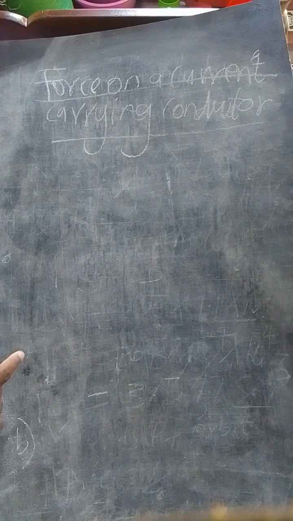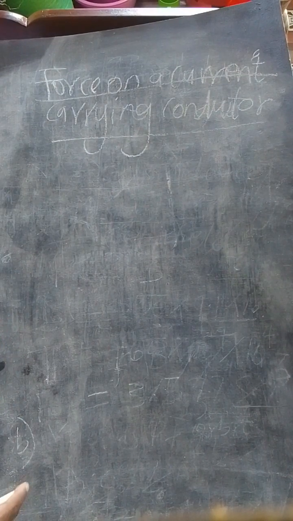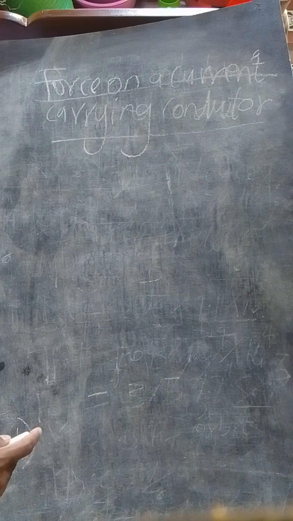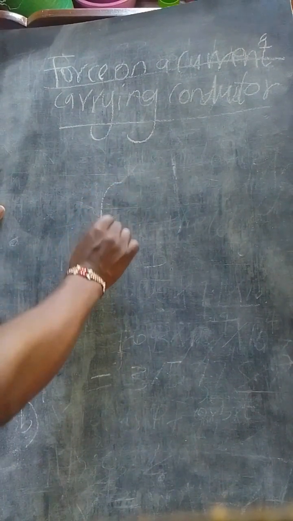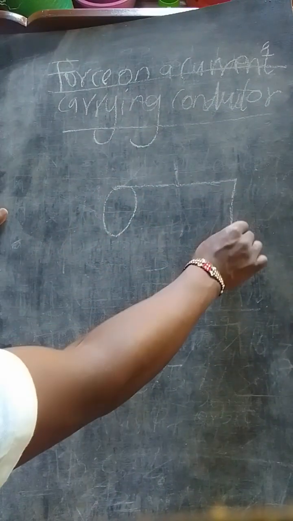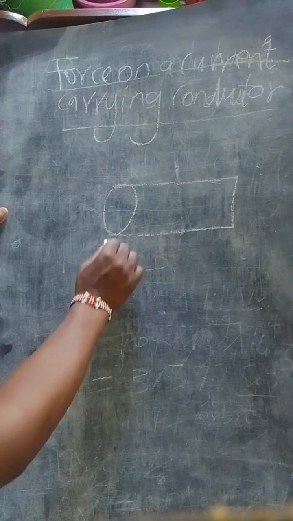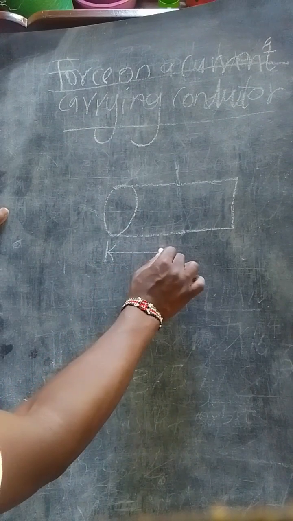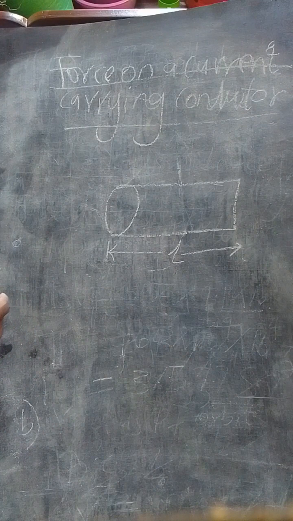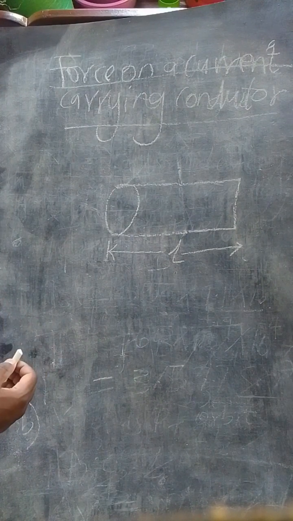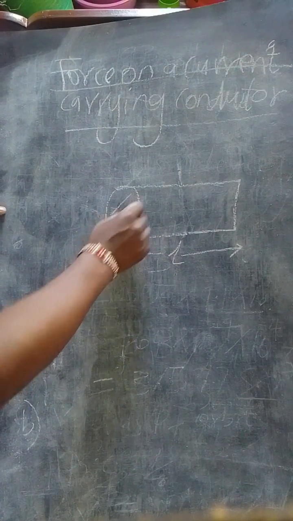Now, if you consider a conductor of length L, so the distance from here up to this end is L, and remember it will have a cross-section area.